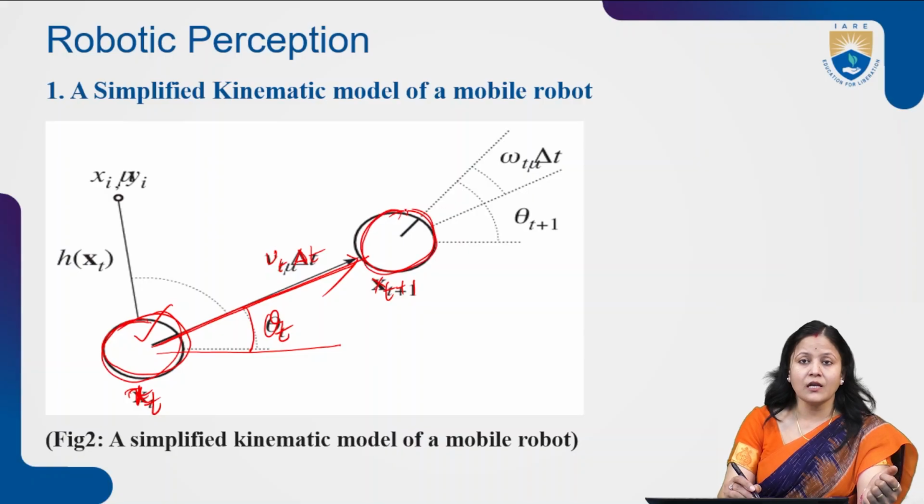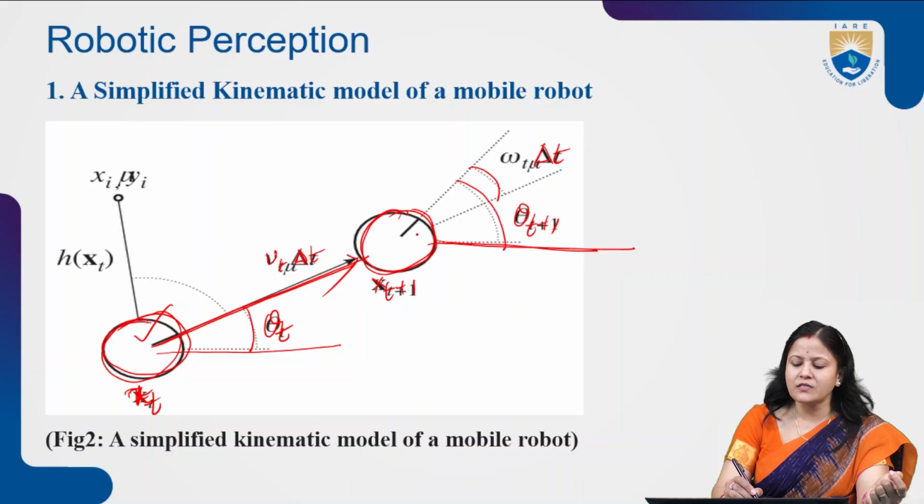Now from this destination location, the robot can again take an angular movement, which can be theta t plus 1, or it can take another movement called omega t, with a linear displacement of delta t. That is called the angular movement, in either this direction, or if it is a straight line again, with respect to this line this movement would be there, and if the robot moves in this direction, then another angle it may take.